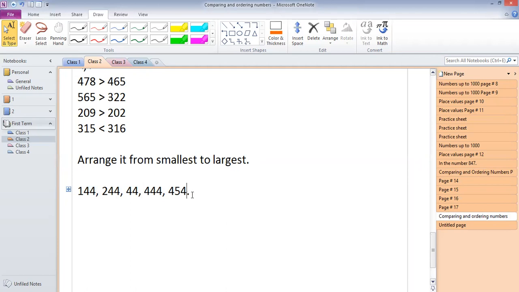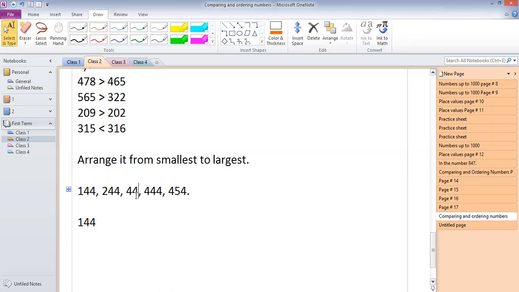So first you have to compare the hundreds. The number in the hundreds place is 1. Then you will check here, it is 200. So 100, or 1, is smaller than 2. So this value is smaller. Then again, you check here, 44.